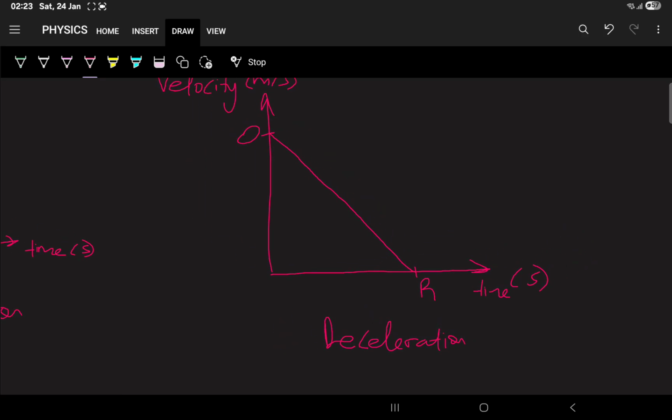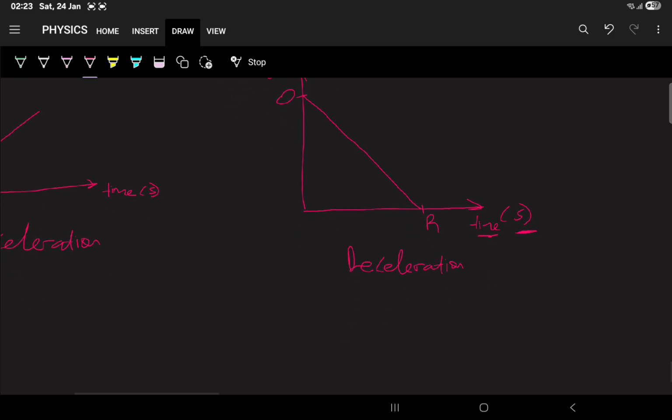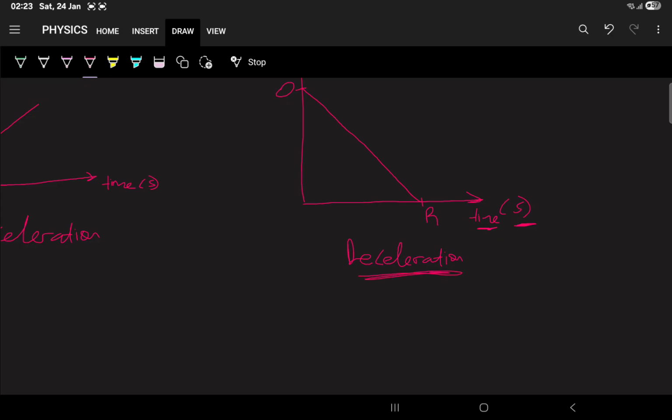Now in plotting your graphs, here are keynotes you need to take note of: the labeling of the x and y axis, the units of what you're putting on each axis, and when necessary, the title of the graph.